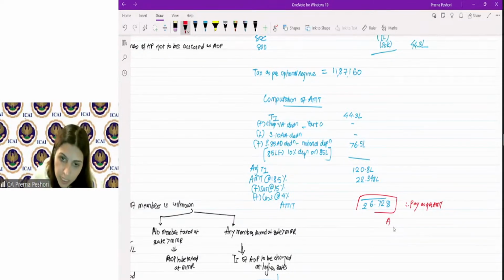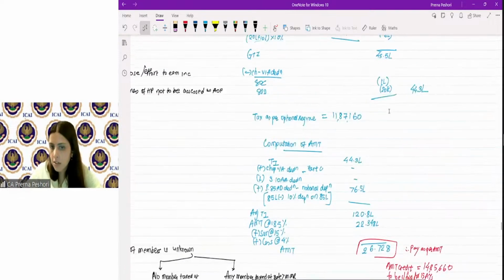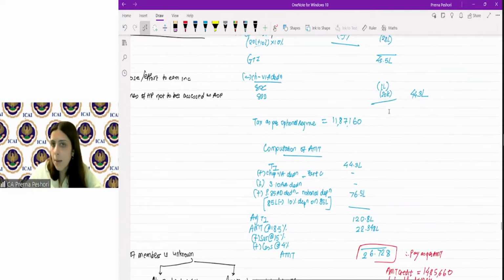So there will be AMT credit, which will be 14,85,660. This will be my AMT credit to be carried forward for 15 AYs, just like the MAT credit. So this is step 1.